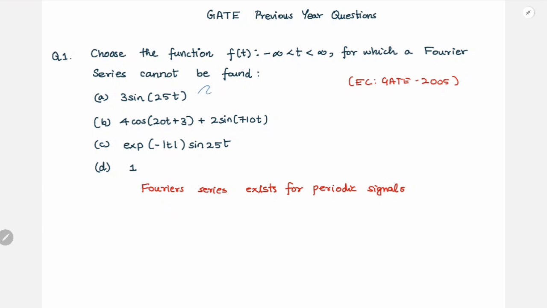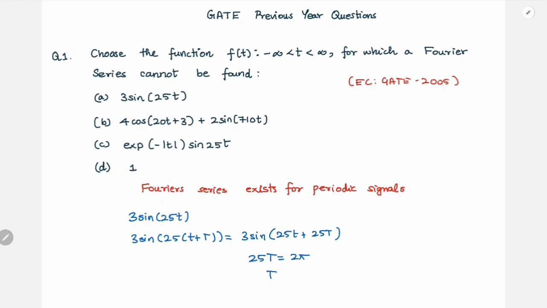You can see that 3 sine 25t is periodic. If we just substitute 3 sine 25 into t plus T, we get 3 sine 25t plus 25T. So if 25T is equal to 2 pi, then it is periodic.